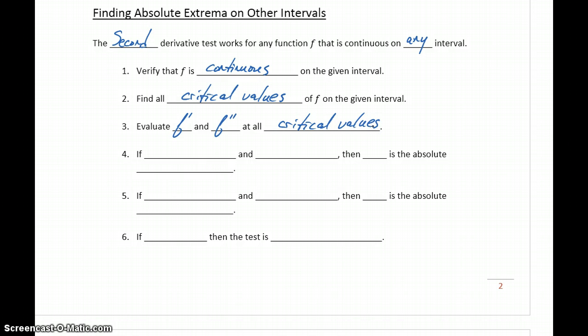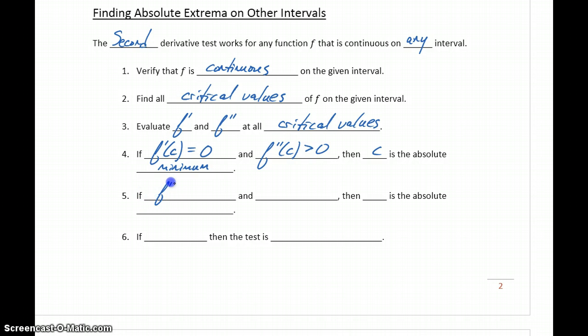So this is where this method starts to change a little bit from the last one. Instead of evaluating the original function at critical values and the endpoints, now we're going to evaluate the first derivative and second derivative at those critical values. If our first derivative evaluated at some point c equals 0, and the second derivative evaluated at c is greater than 0, then that point c is an absolute minimum.